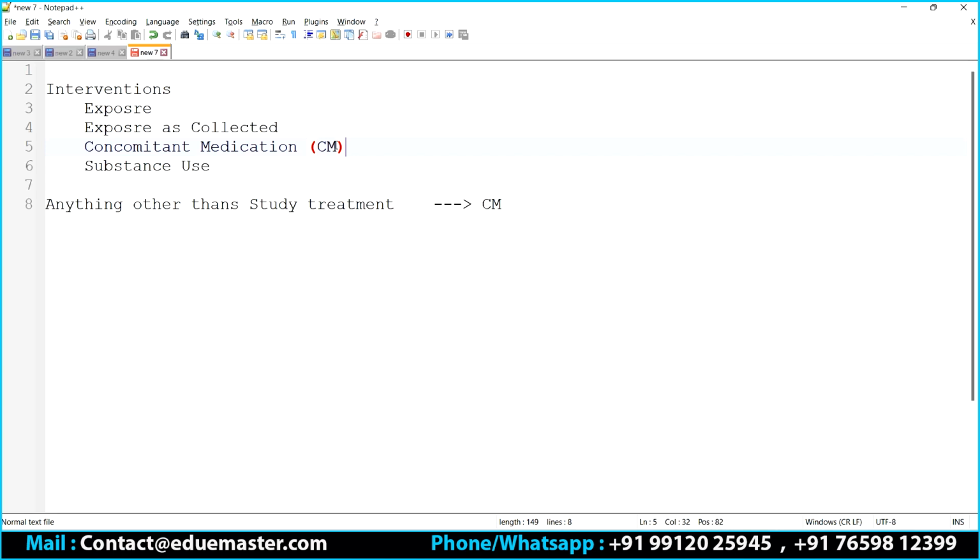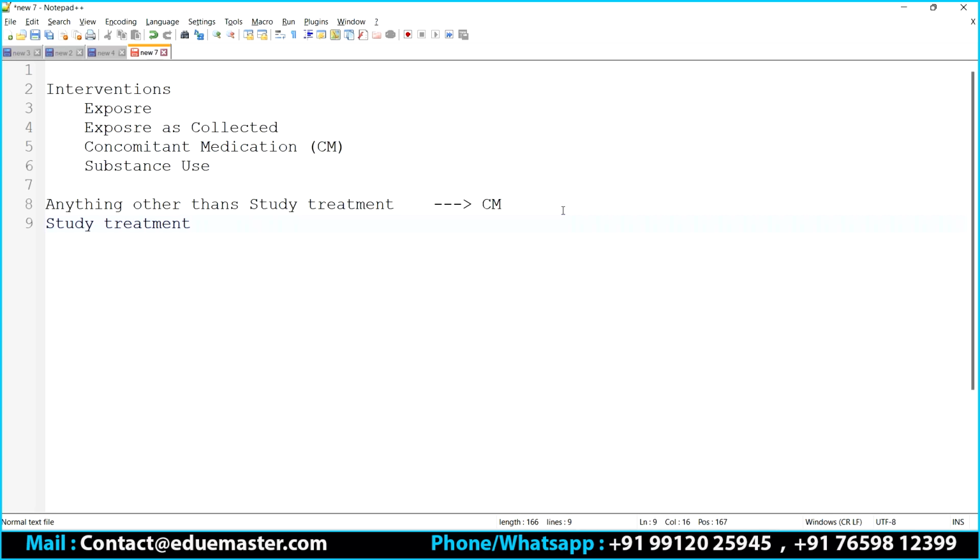The CM, the concomitant medication, can be because of an adverse event, or because of a clinical event, or because of the medical study. Suppose I want to deal with the study treatment, how the subject is responding to the study treatment, or how the treatment is given to the subject.